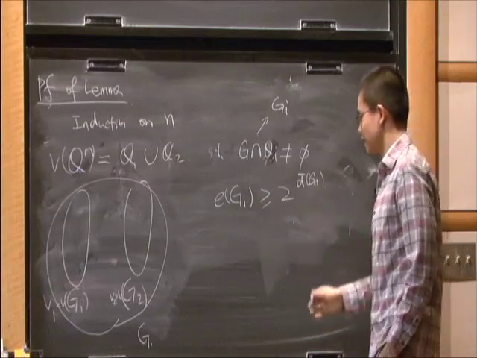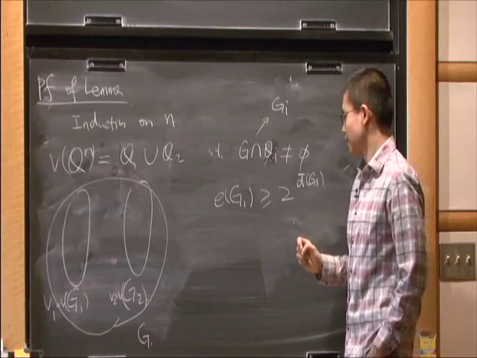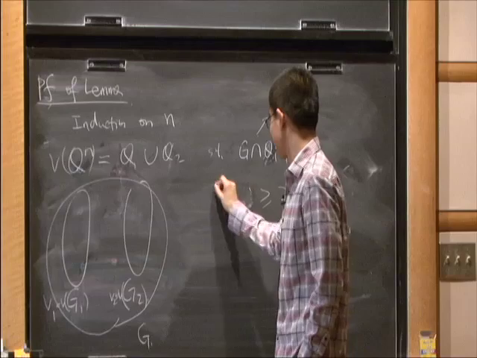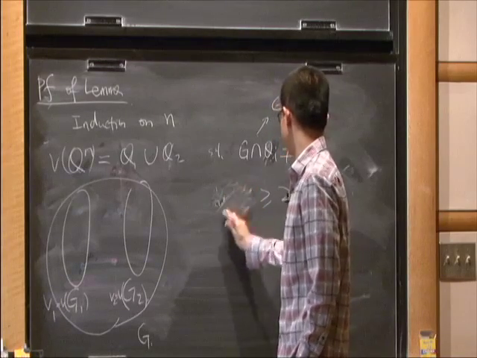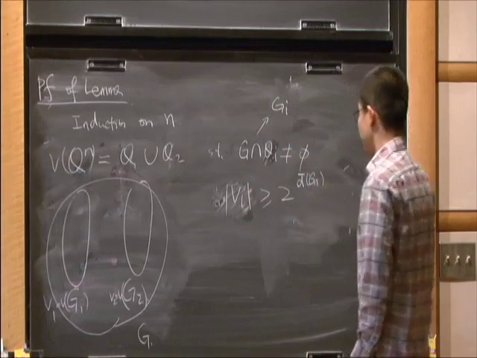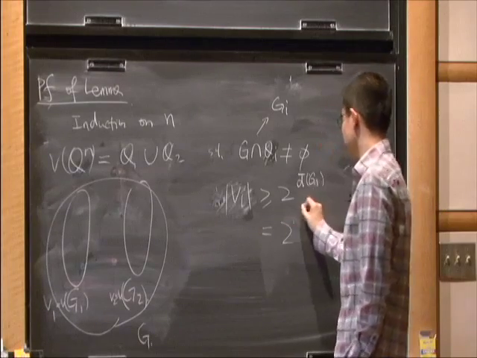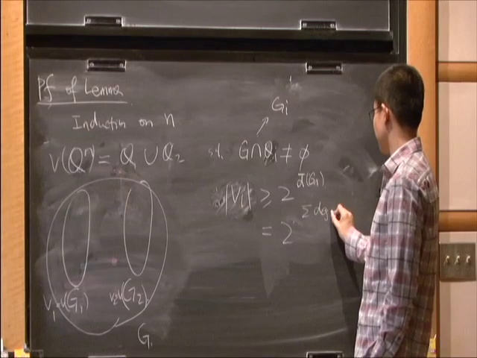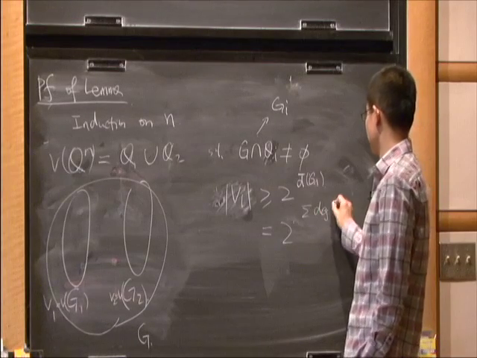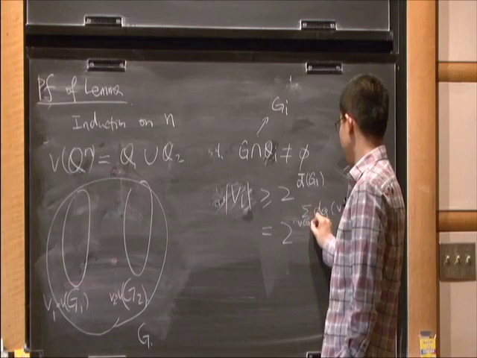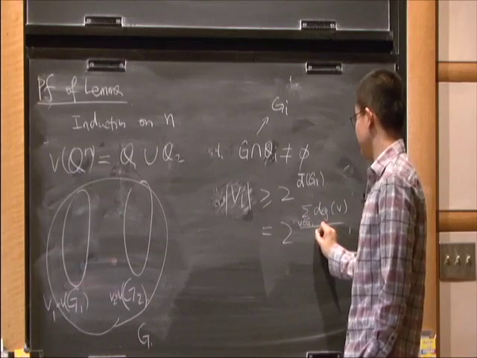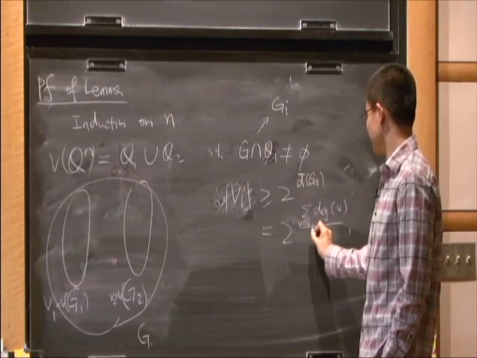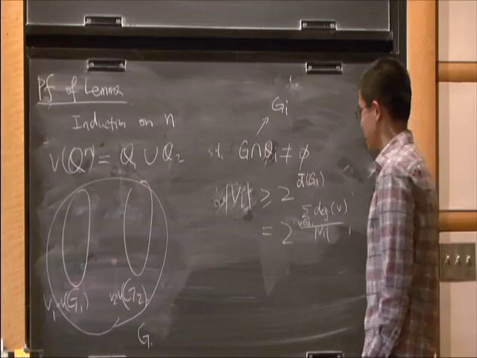I rewrite this slightly, so this is equal to 2 to the sum of the degrees of the vertices in G1 divided by V1. Right? And you need to divide by 2? No, just like this.